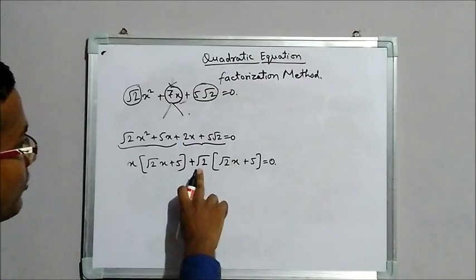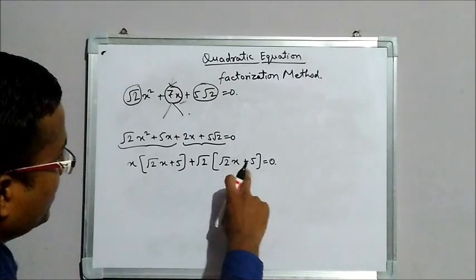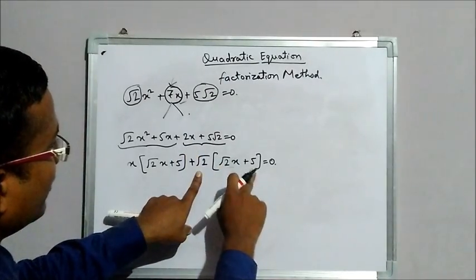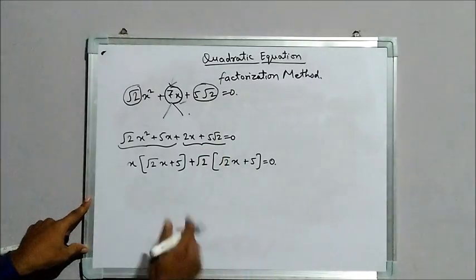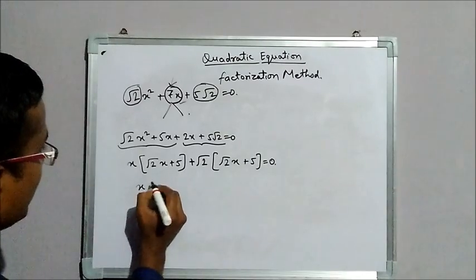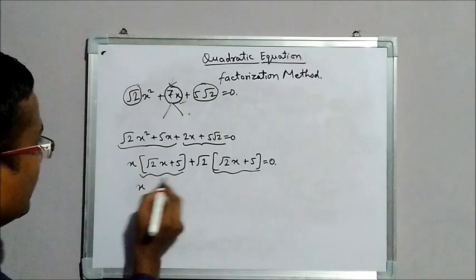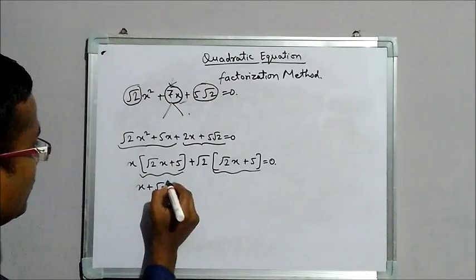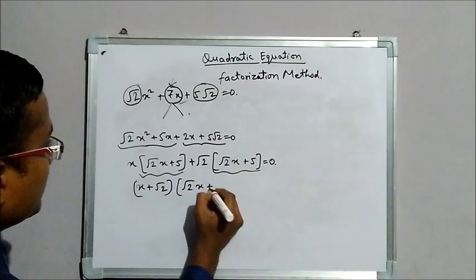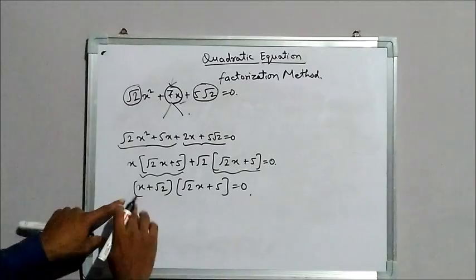Understood? On multiplying this root 2 with the inner expression, root 2 multiplied by root 2 equals 2x, and root 2 multiplied by 5 equals 5 root 2. Further taking this term common, we get x plus root 2 multiplied by root 2 x plus 5 equals 0.